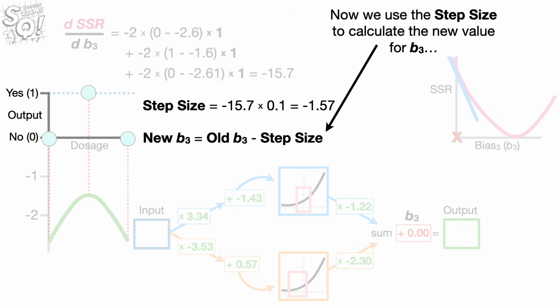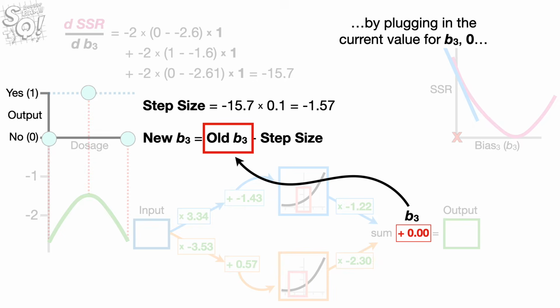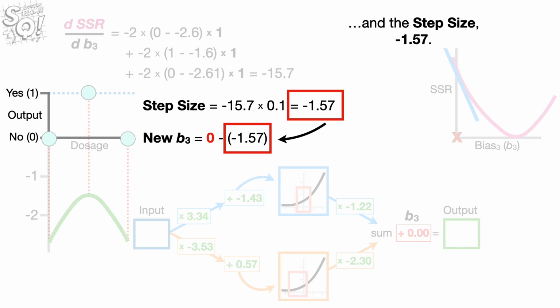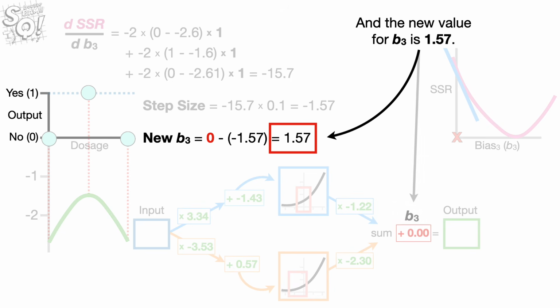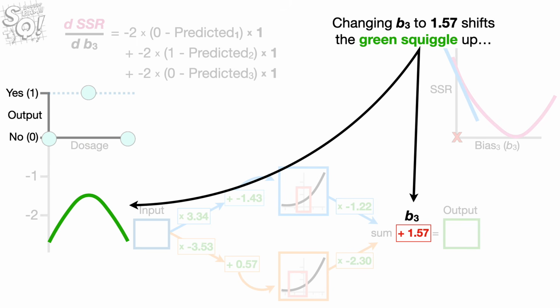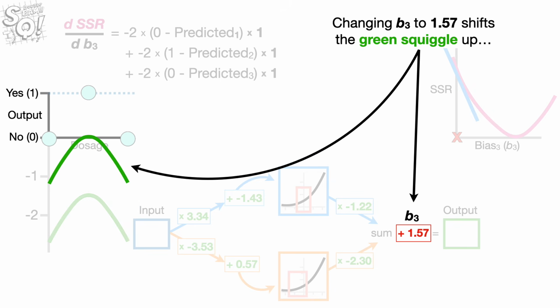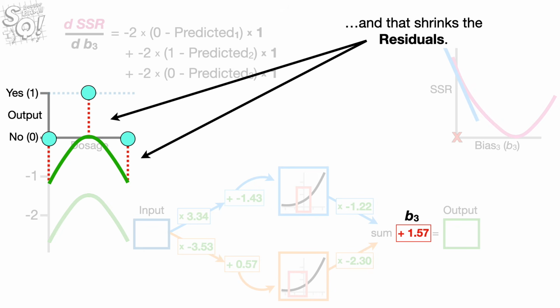Now we use the step size to calculate the new value for b sub 3 by plugging in the current value for b sub 3, 0, and the step size, -1.57. And the new value for b sub 3 is 1.57. Changing b sub 3 to 1.57 shifts the green squiggle up, and that shrinks the residuals.